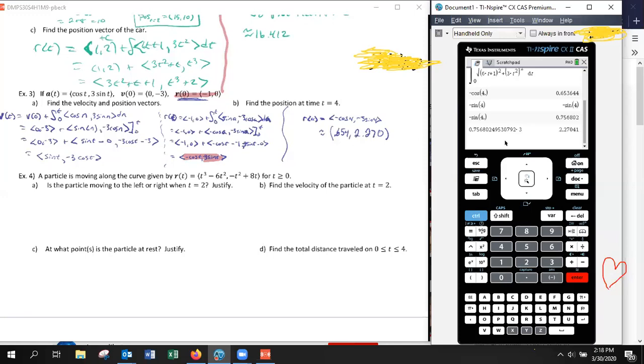This R of 0 represents your plus C. So rather than looking at it as plus C and solving for it by going through all the differential equation work, I'm going to build that into the equation by saying what's my starting value and then what's the overall changing vector. So what's the starting vector, and what's the changing vector?